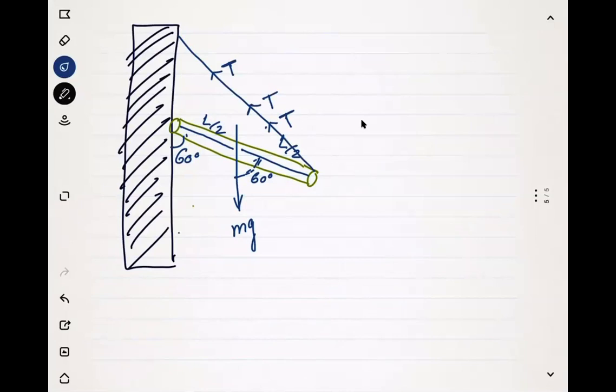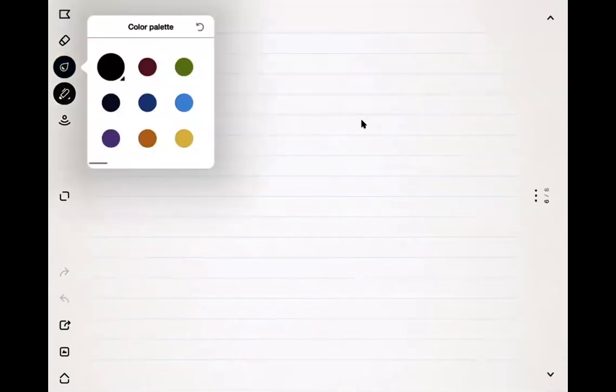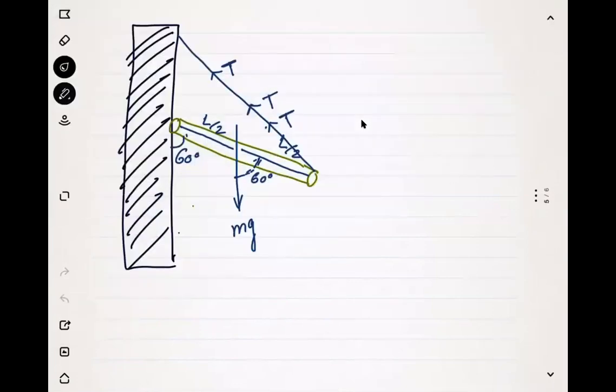Now let's calculate the moment due to the weight and moment due to the tension individually. For example, if we want to calculate the moment due to mg, so we'll calculate the moment due to mg.